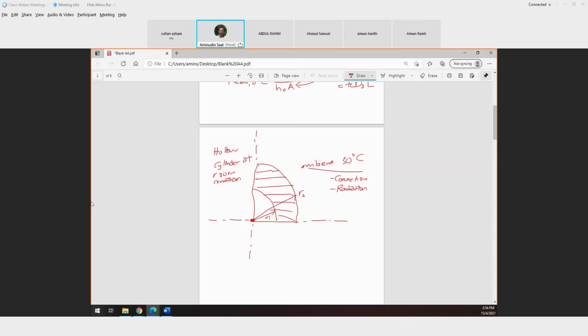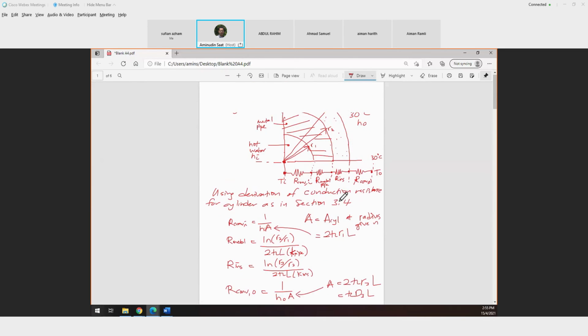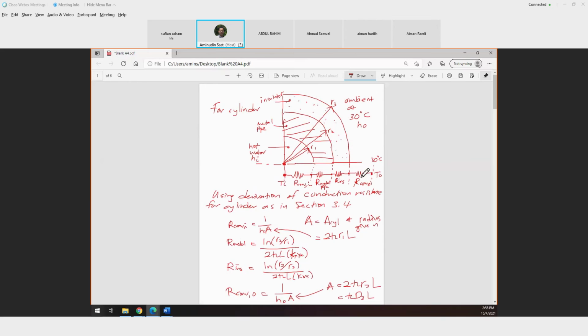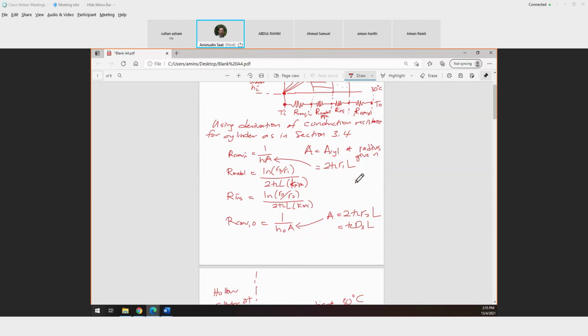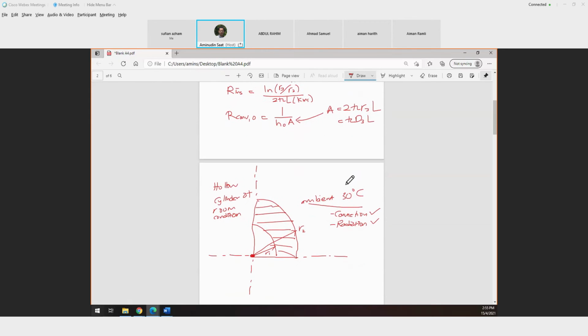So in this case, we assume that convection and radiation at the surrounding need to be considered. If you look at this problem, only convection is considered, but not radiation, probably because of the assumption to neglect the effect of radiation.